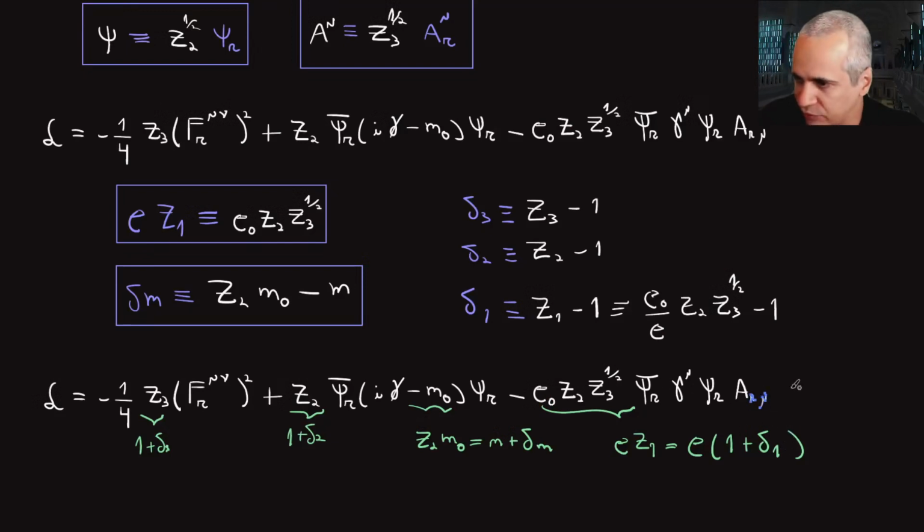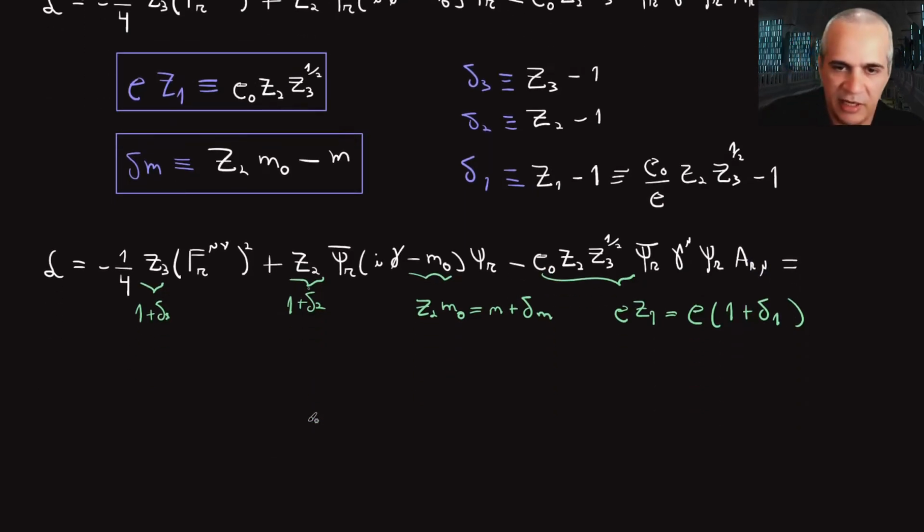So let's write all of these and group the operators that are just like QED plus the operators that are now our counter terms. So my Lagrangian is becoming something which the first line is very similar. Eventually I'll get rid of these renormalized indexes here.